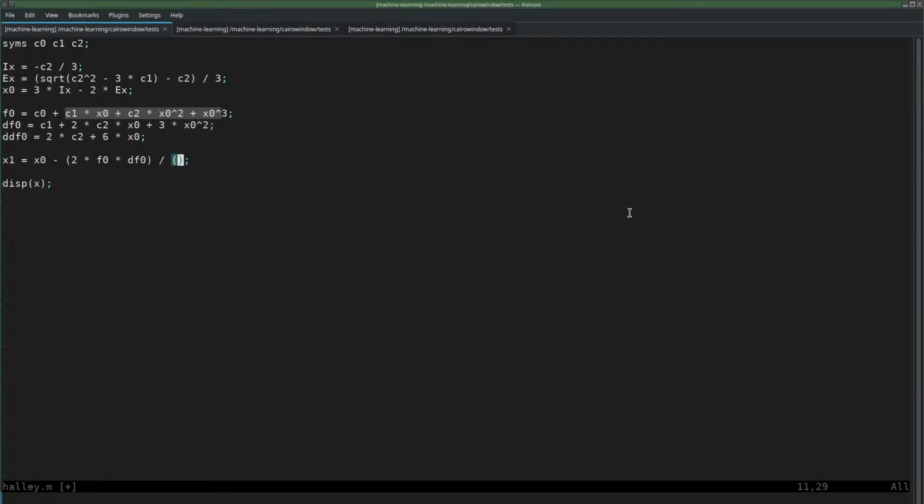The something being 2 times the derivative squared minus f0 times the second derivative.